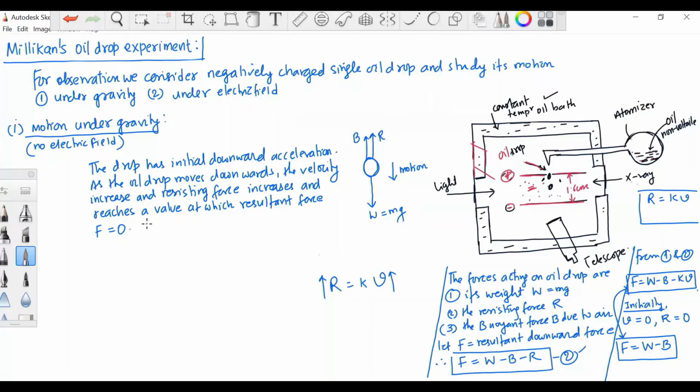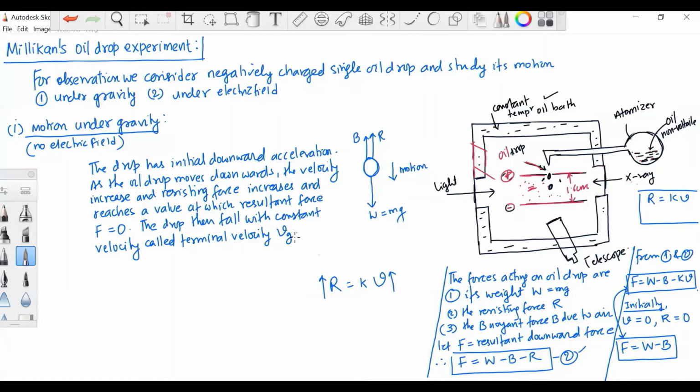Let us denote terminal velocity under the motion of gravity only by the symbol Vg.